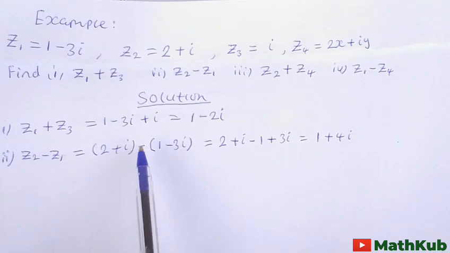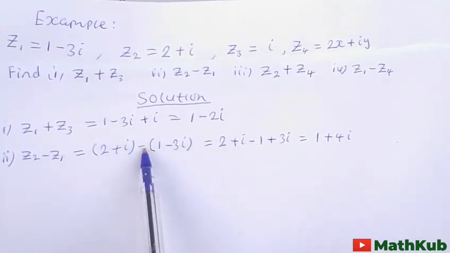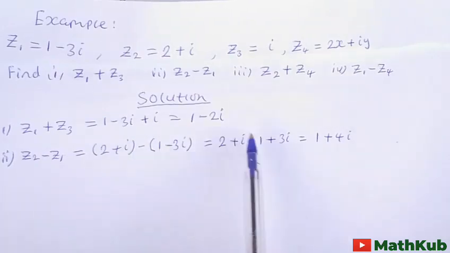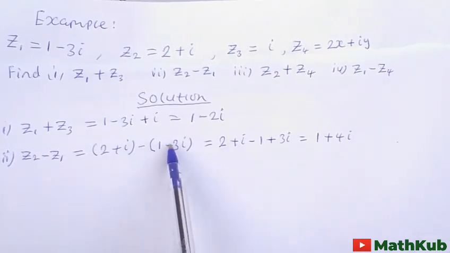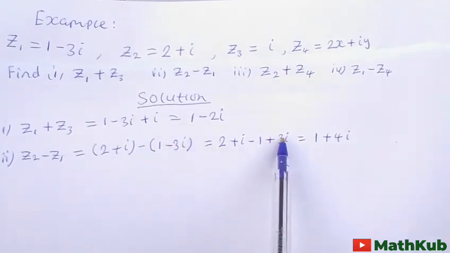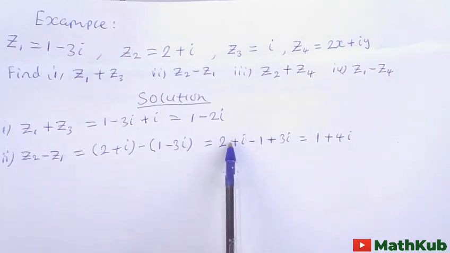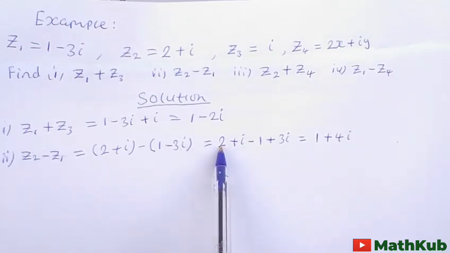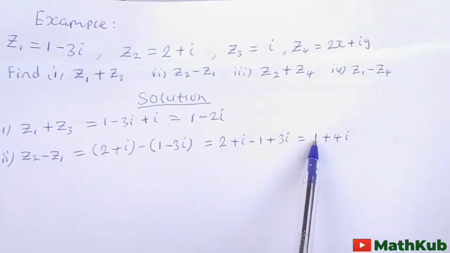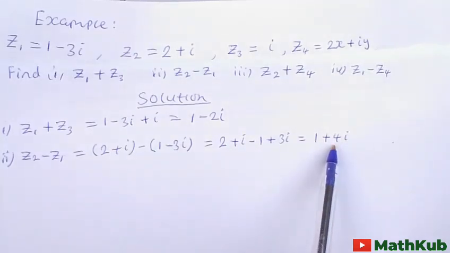Then 2 plus i, we expand this: minus times 1 is minus 1, minus times minus 3i is plus 3i. We now subtract the real parts, 2 minus 1, we have 1, and i plus 3i, we have 4i.